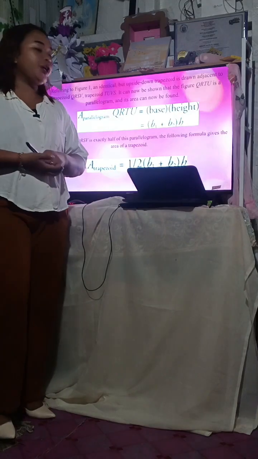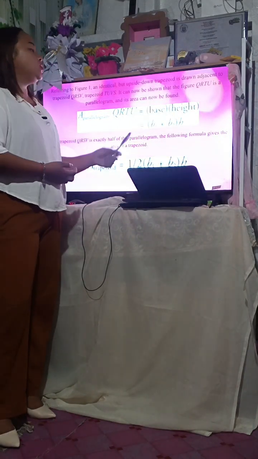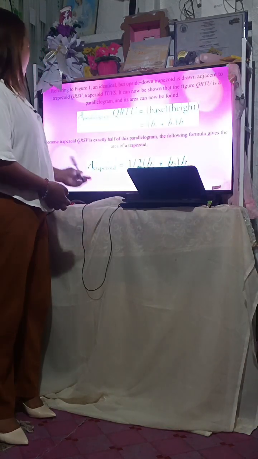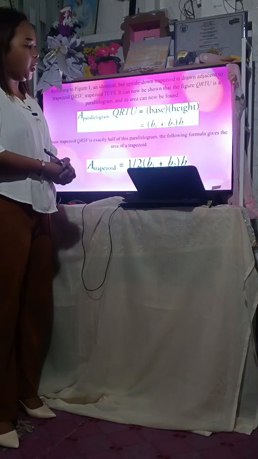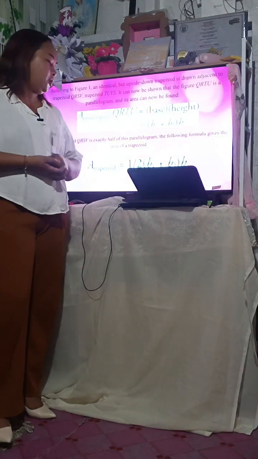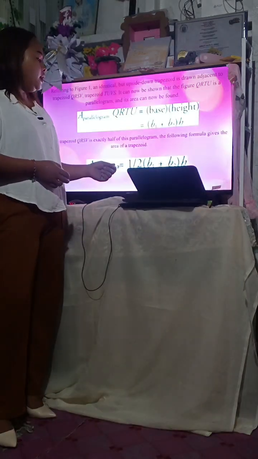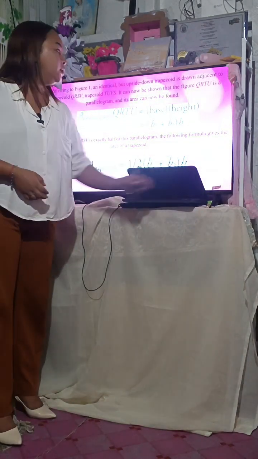The area of the parallelogram QRTU is equal to the base times height, so our base 1 plus base 2 times height. Because trapezoid QRSV is exactly half of the parallelogram, the following formula gives the area of the trapezoid. So in finding the area of the trapezoid, we will use the formula A is equal to 1/2 times B1 plus B2 times height.